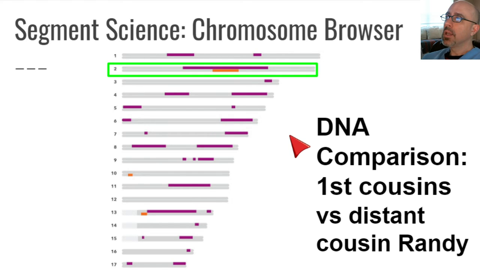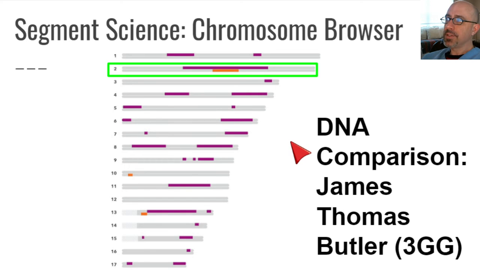And as I mentioned, because of their shared grandparents, we're anticipating ancestry from their shared lines, Lee, Butler, Mims, Smith. And as expected, this distant cousin is related to these first cousins through a shared ancestor, James Thomas Butler. Remember, I mentioned the surname Butler.